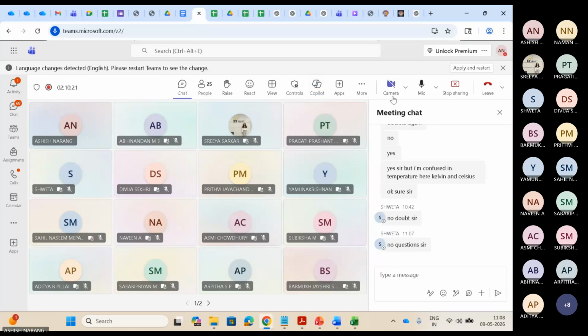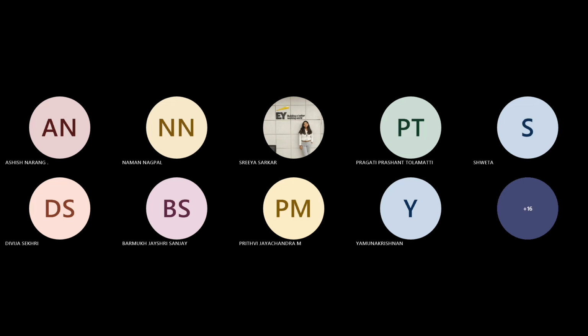Yamuna Krishnan? I think, are you guys even in front of laptops? Asmi Chaudhary? Naman Nagpal? No response. See, this is very, very disappointing to see this.